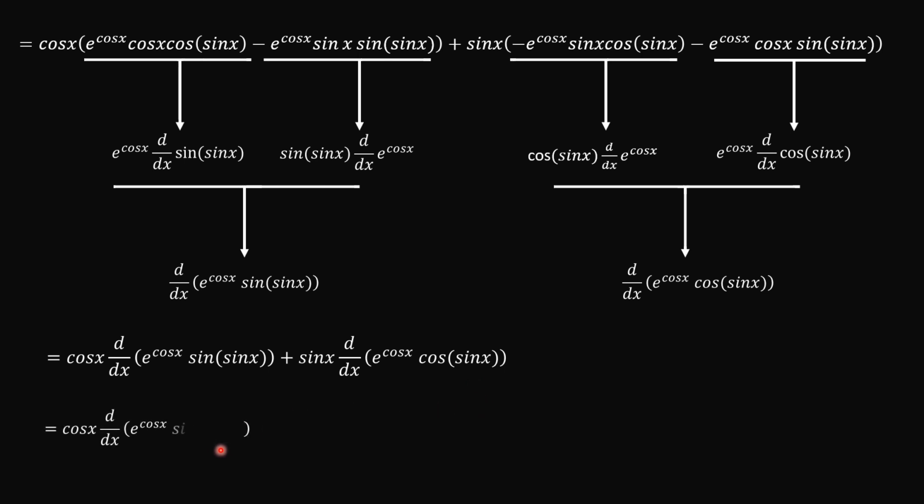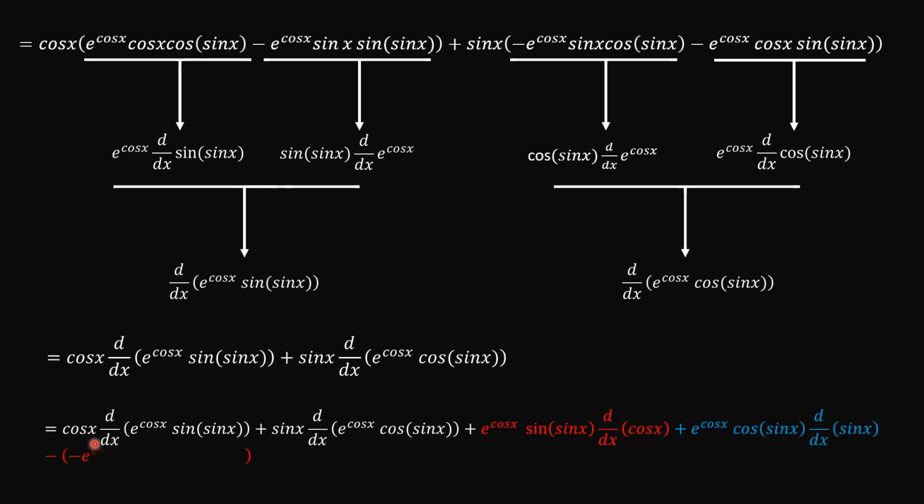Then moving on further, we can write this term here. Then we can add e^cos x sin x times the derivative of cos x, trying to interact with this first term here.